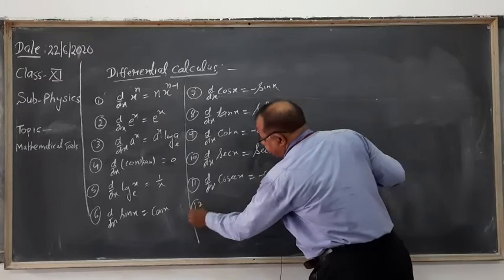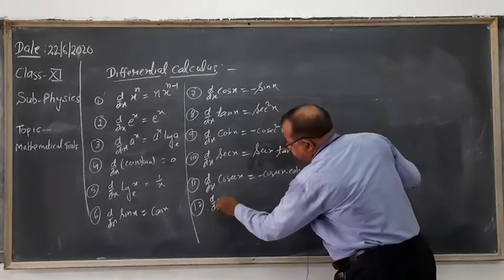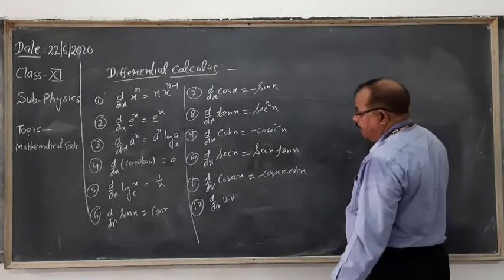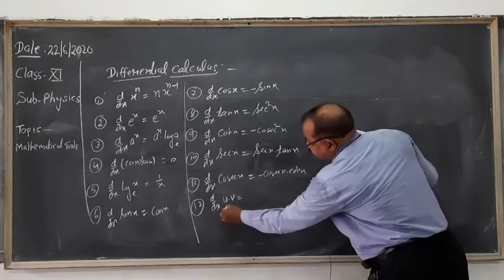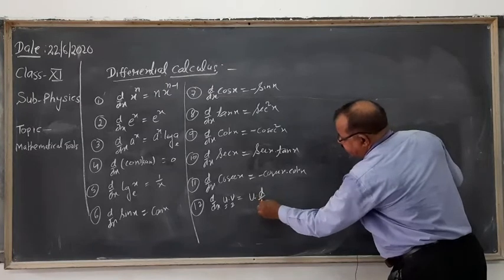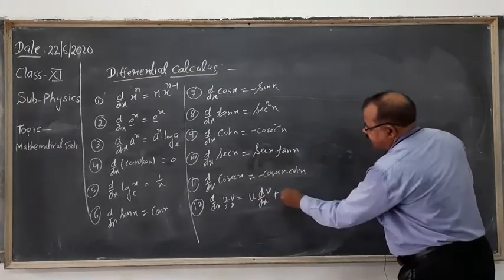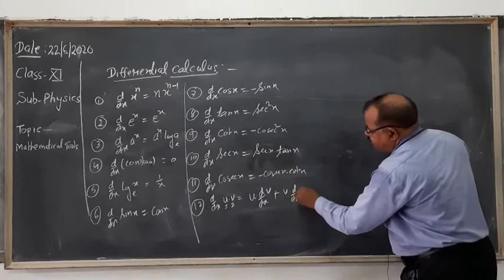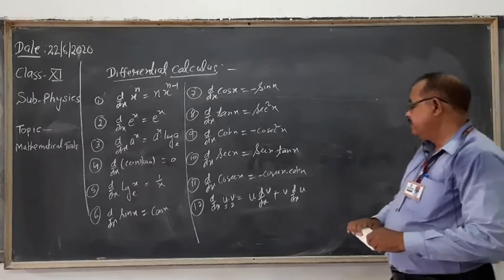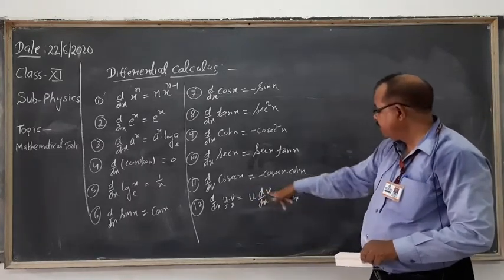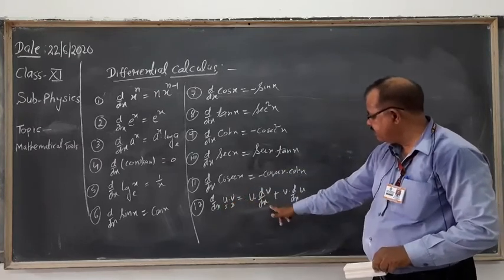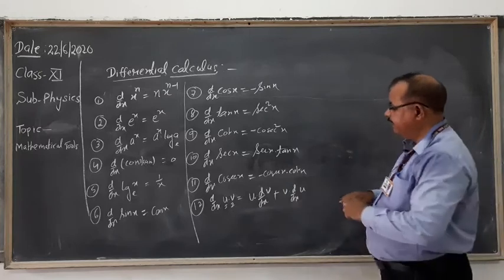Number 12, dy by dx of u into v. Suppose two functions are in multiplication form. In that case, this is the first function, this is the second function. First function as it is, derivative of the second function dv, plus second function as it is, derivative of the first function. So if two functions are in multiplication form, then their derivative is given by this formula: dy by dx of uv equals u dv by dx plus v du by dx.